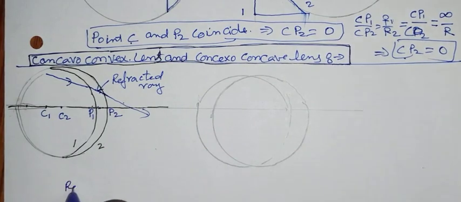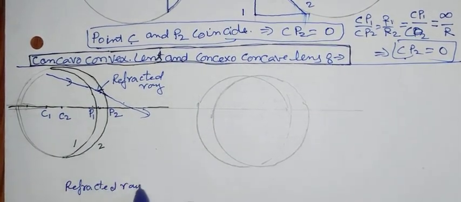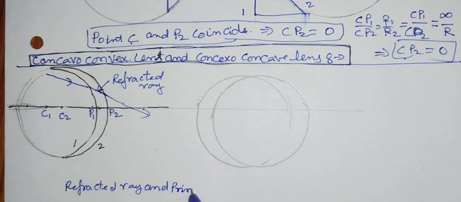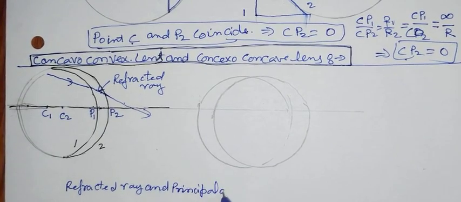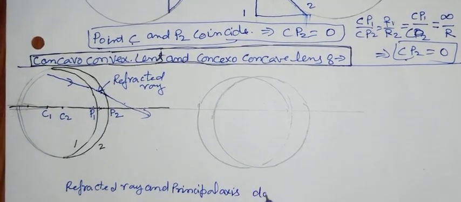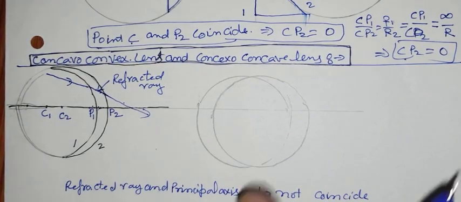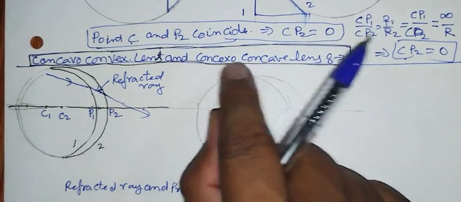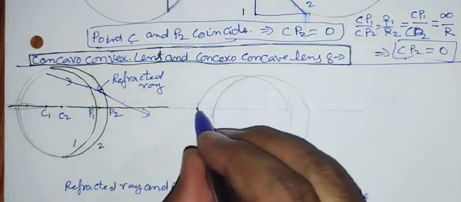See very carefully: the refracted ray and the principal axis do not coincide.